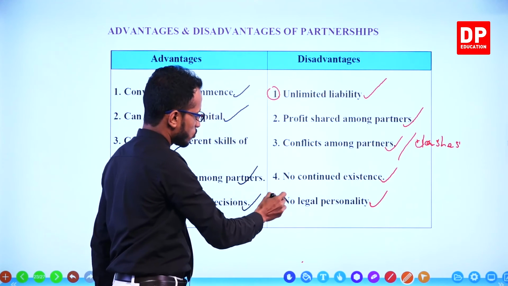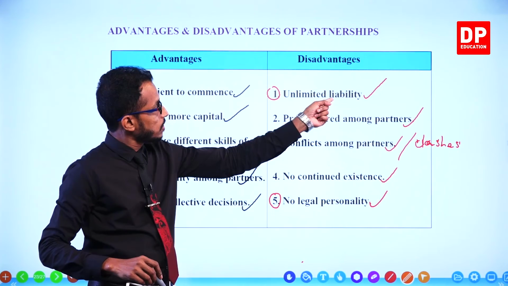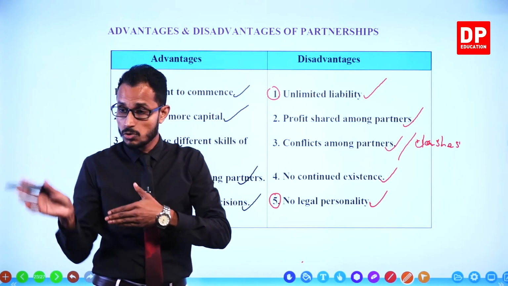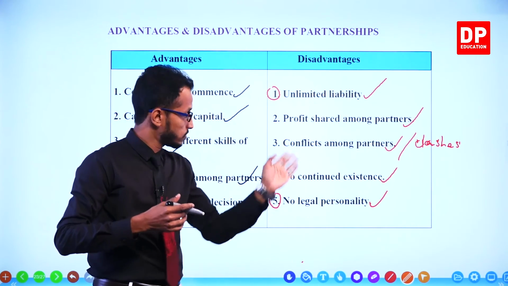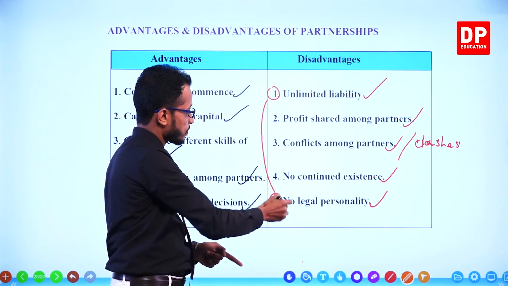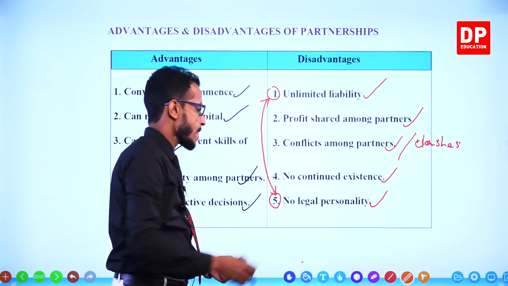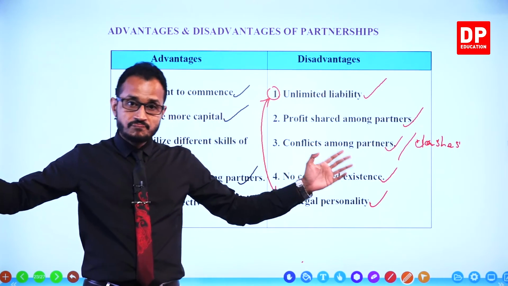These two main features were there even in sole proprietorships, and even in partnerships, these two are here. Okay. All right.